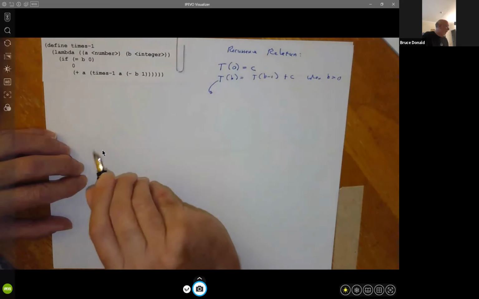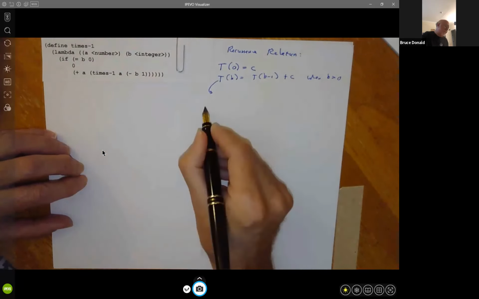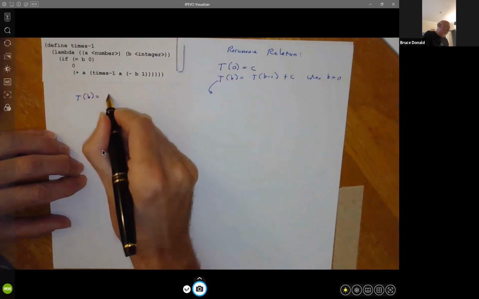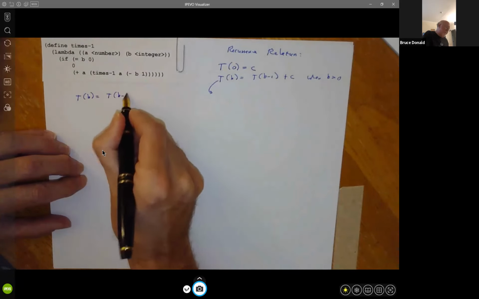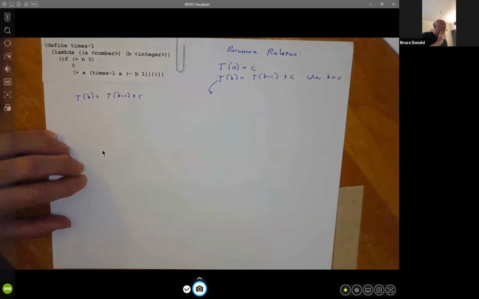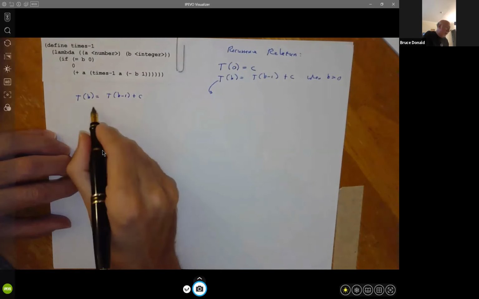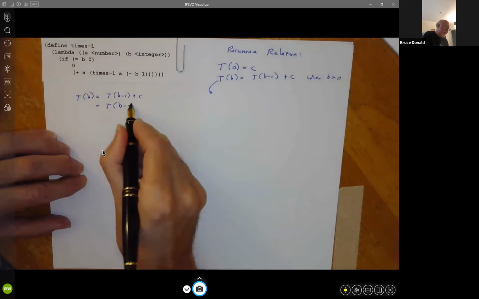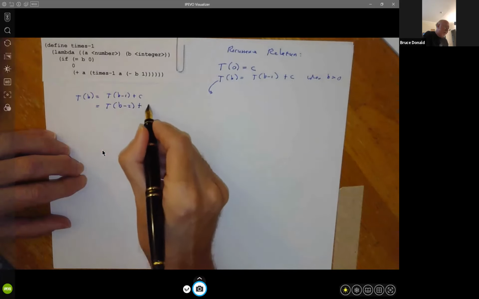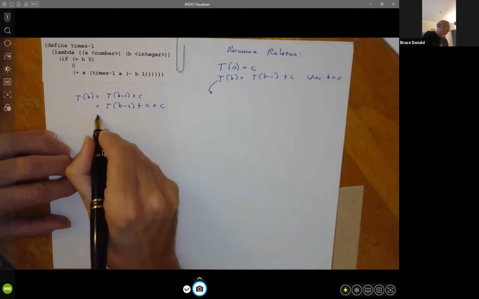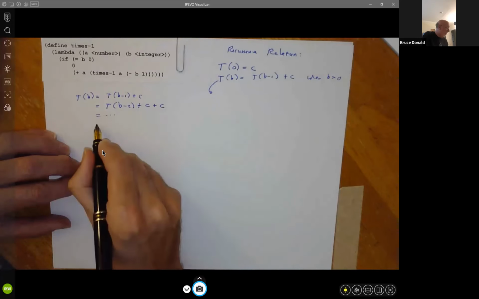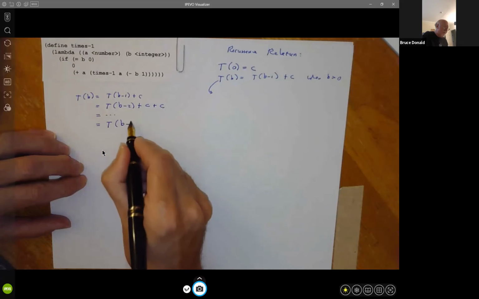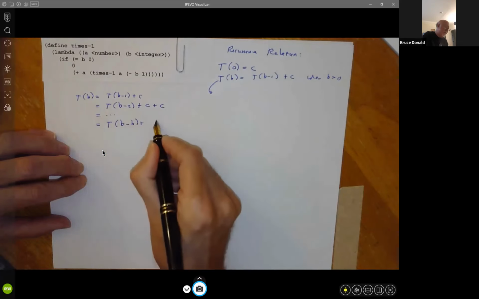So let's expand that. Let's go down one more level to get some intuition. Let's go down one more, get T of B minus 2, and that accumulates another C. And we can keep doing this for a while, and eventually we'll hit the bottom: T of B minus B plus a whole bunch of C's.